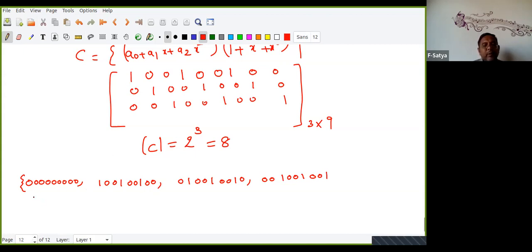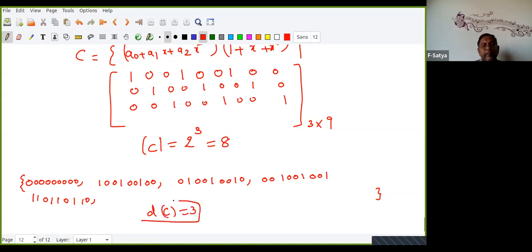So we'll just write 1. 1 plus 0 is 1. 1 plus 0, 1. Again 1. 1, 0, 1, 1, 0, 1, 1, 0. This is another one. In total we get 8. You can check all of them and look at the minimum weight. So you can see the distance of the code becomes 3 only.